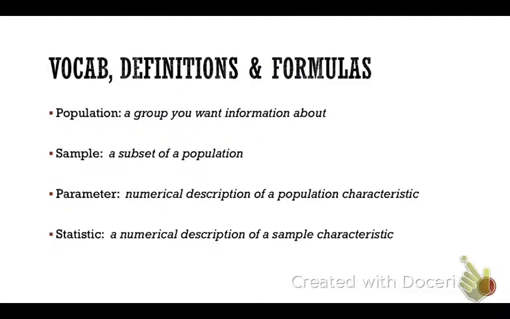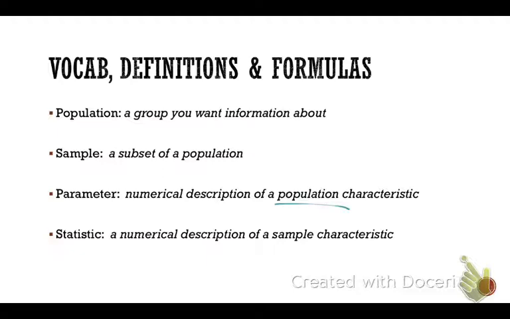Now go back up to the vocab and definitions section, and let's talk about the last two terms. So parameter and statistics. When we start finding out things about populations and samples, we call those parameter and statistics. So a parameter is a numerical description of a population characteristic. So parameters describe populations.